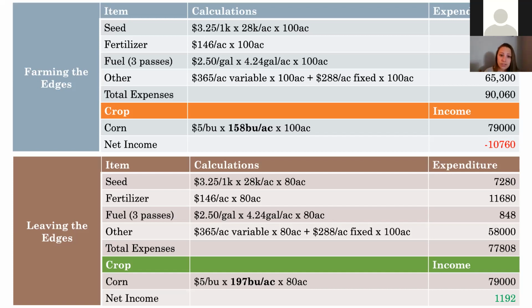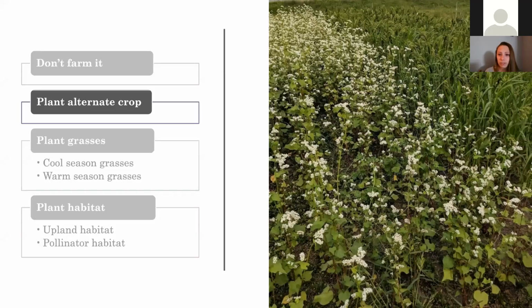But of course, Mother Nature hates a void, and if you don't plant something there, she will. So in the best interest of not increasing weed pressure on our producing acres by leaving those acres just blank, another option is to plant an alternative crop.